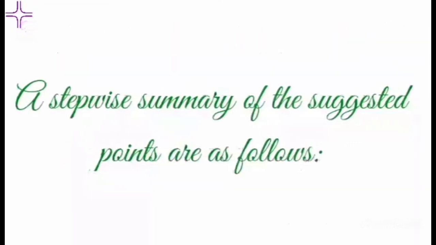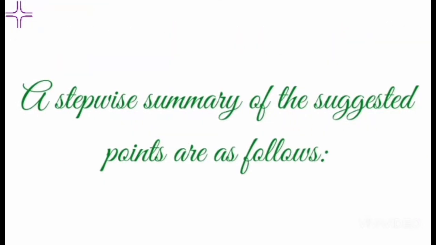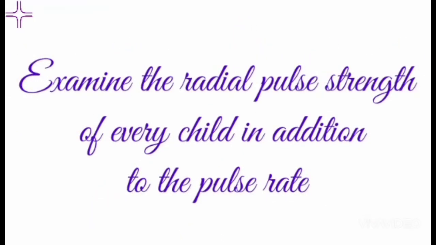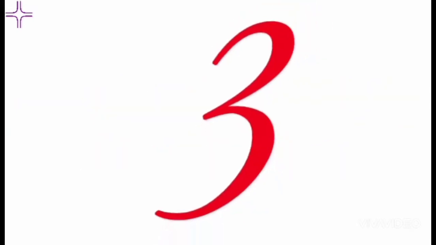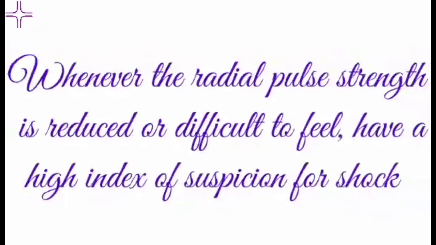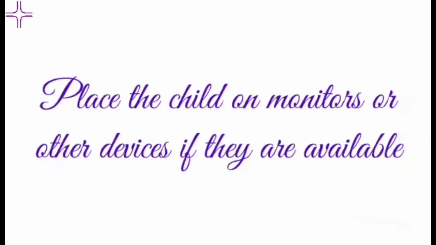A stepwise summary of the suggested points are as follows. 1. Examine the radial pulse strength of every child in addition to the pulse rate. 2. Develop the skill of detecting abnormal pulse volume. 3. Whenever the radial pulse strength is reduced or difficult to feel, have a high index of suspicion for shock. 4.